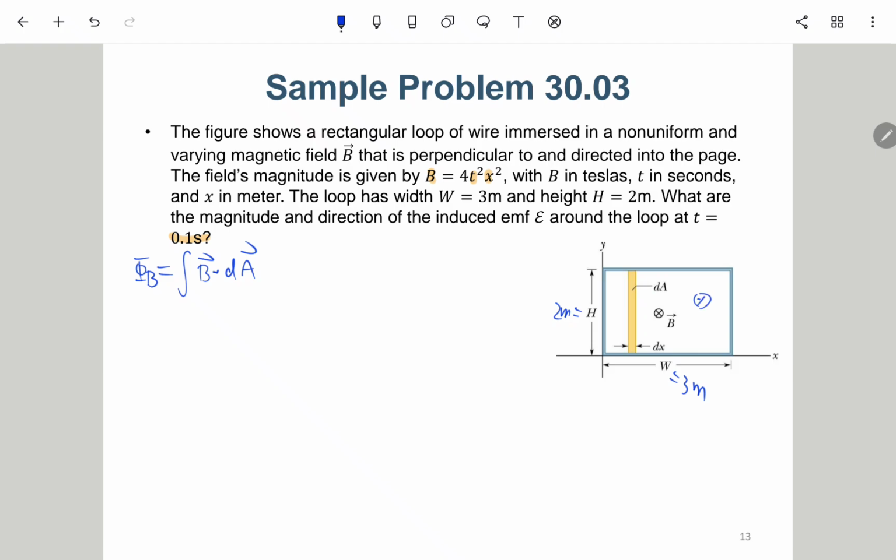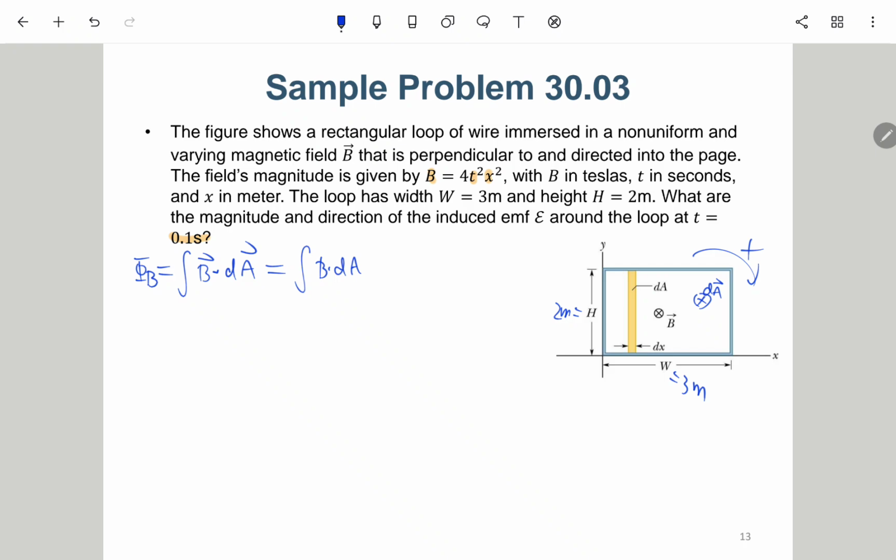dA we can consider pointing into the page, so this is the positive direction. So it is B times dA.